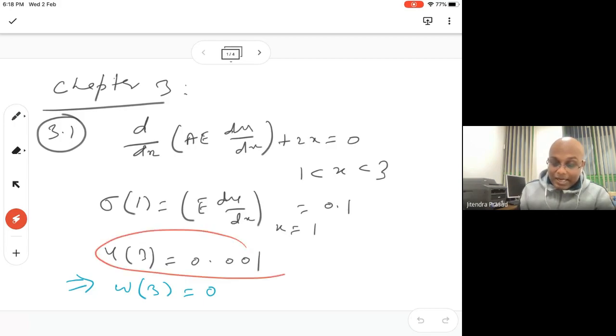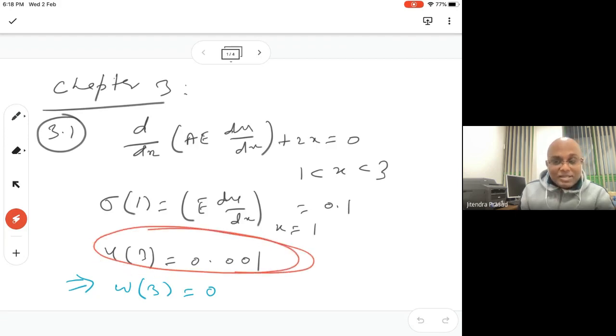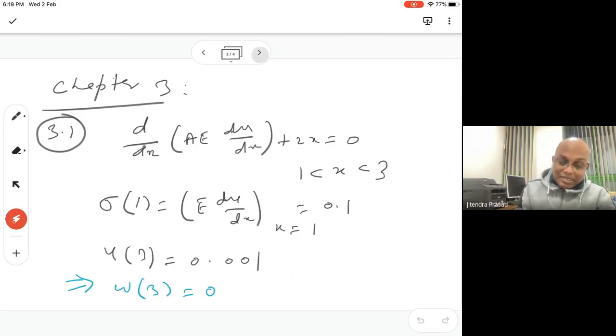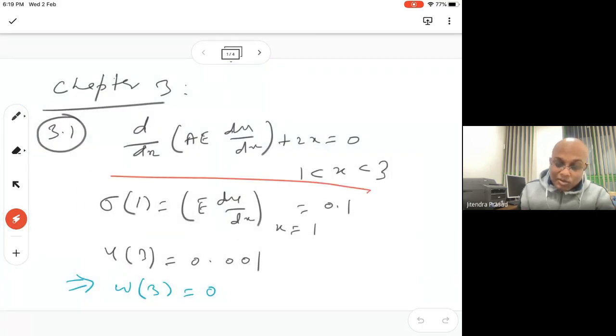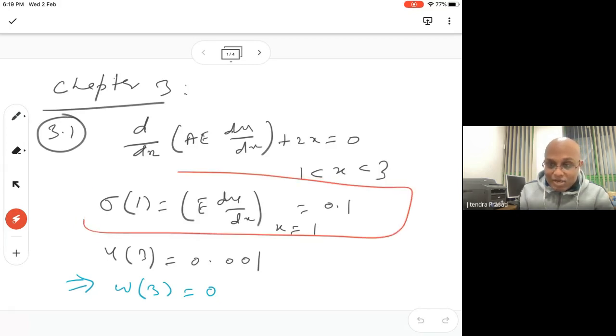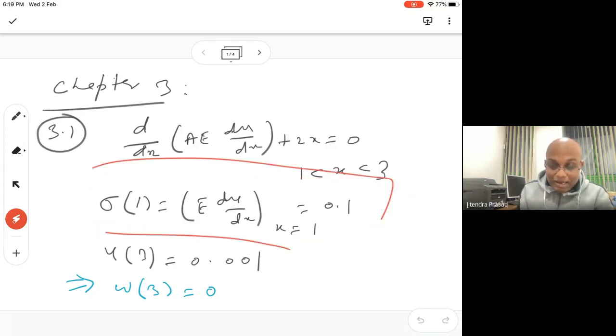But what happens when we solve it? Your trial function has to satisfy this to begin with. So you have to know it, otherwise you will not know the solution. This value you have already integrated in the equation in the weak form, but this value is not.